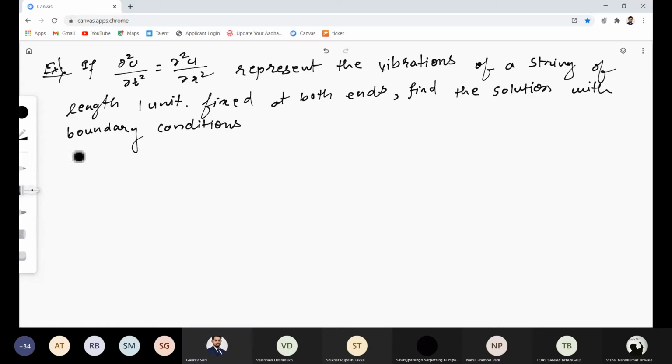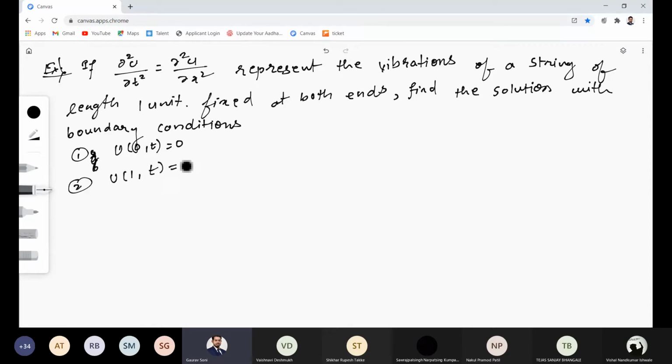First one, u(0, t) = 0. Second, u(1, t) = 0. Third one, ∂u/∂t at t = 0 is equal to 0.